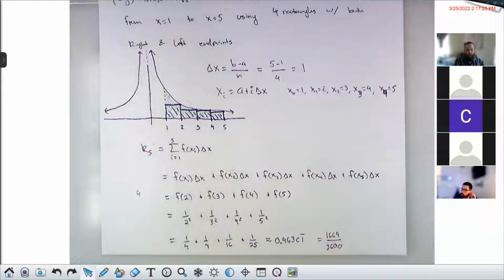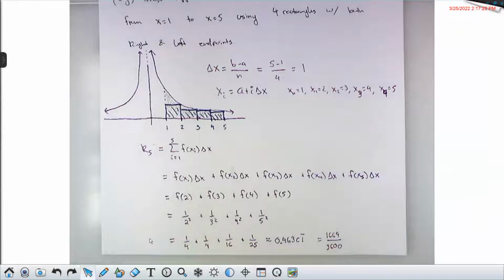On tests and on our scratch work, do you want both the decimal and the exact? No, I'm not picky. Whichever version you feel more comfortable with is fine with me. Okay, thank you.